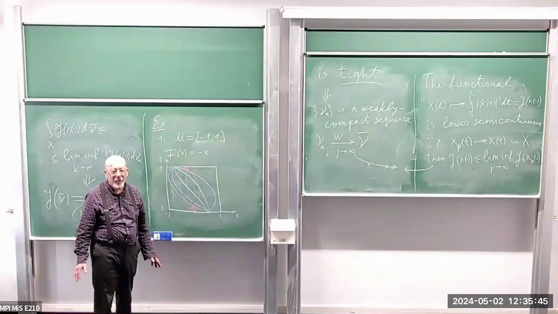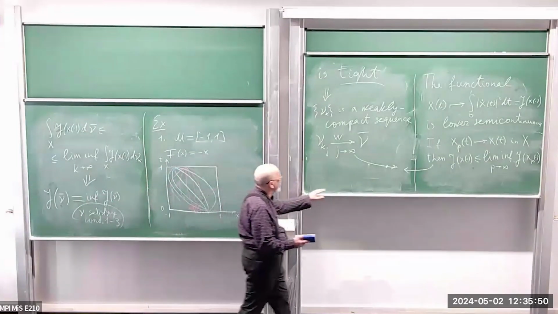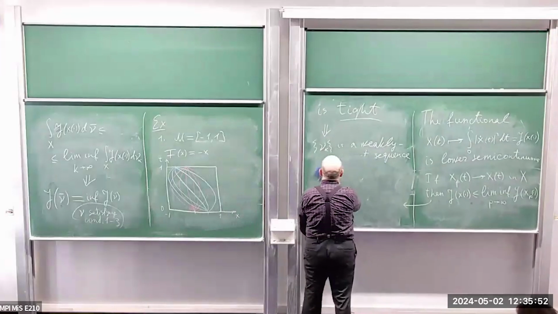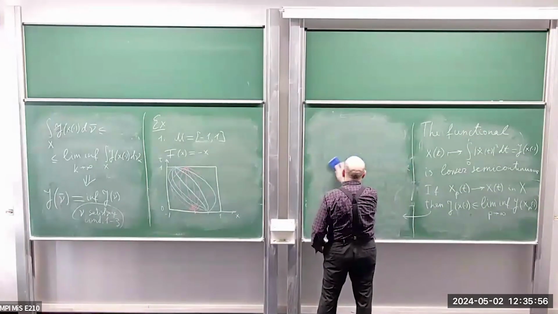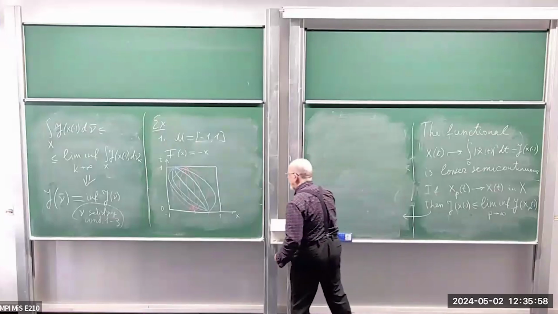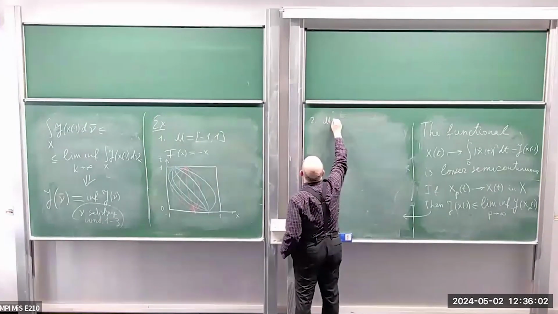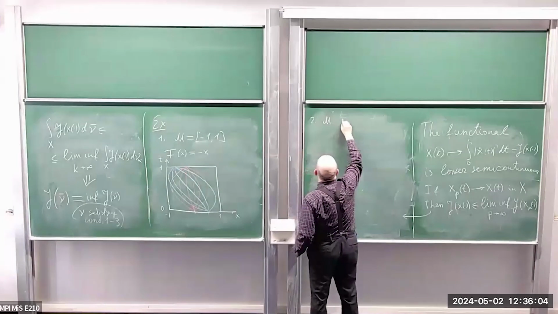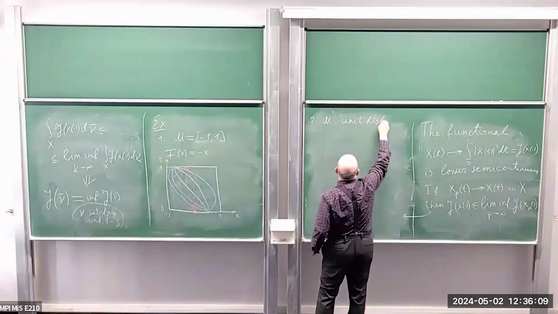Now he found the analytical form of this solution. Now, in the case of 2D, M is the unit disk.